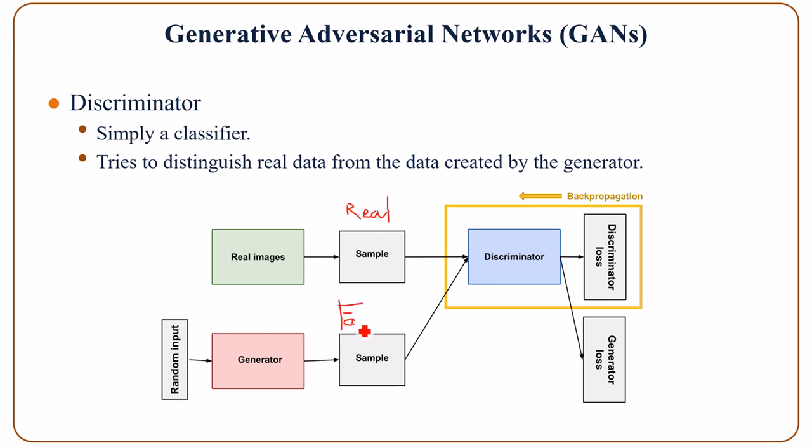The fake example is created by the generator. So given the real examples and the fake examples, the discriminator, which is a classifier, tries to distinguish the real data from the fake data. It then computes the discriminator loss and then updates the weights of the discriminator using backpropagation.